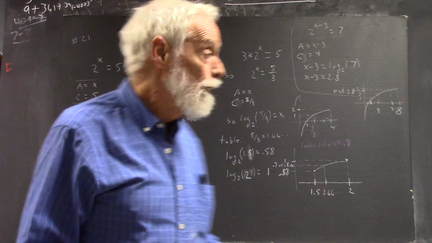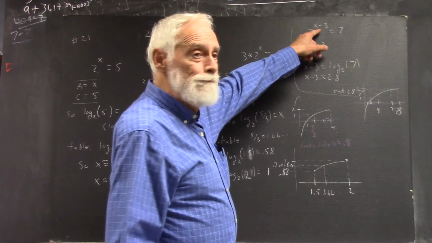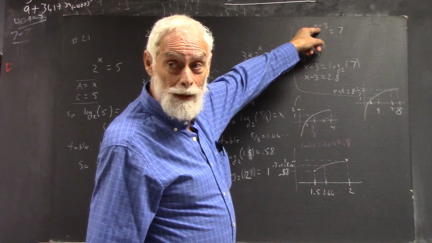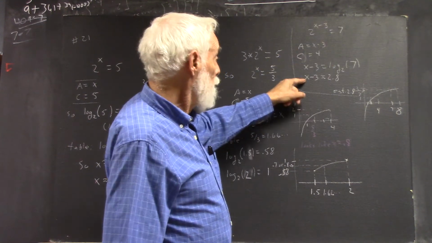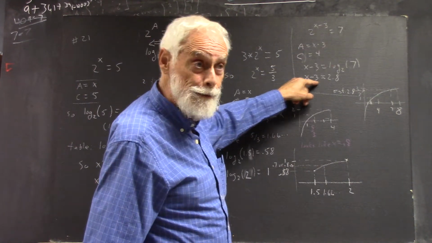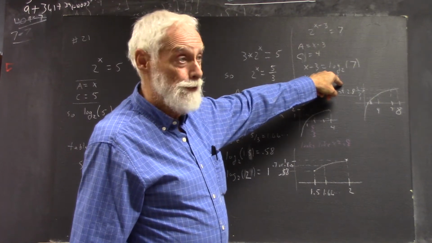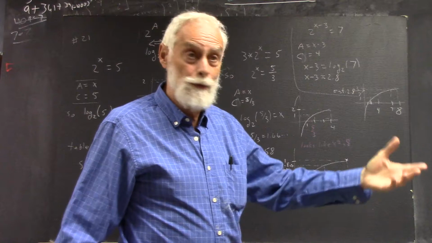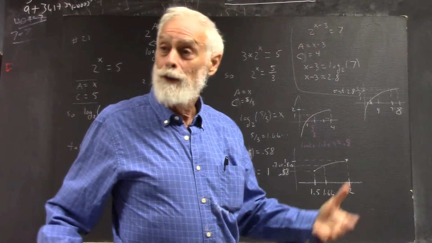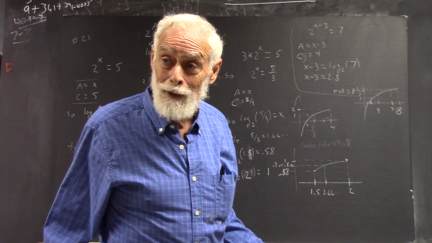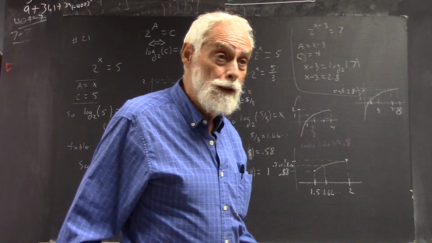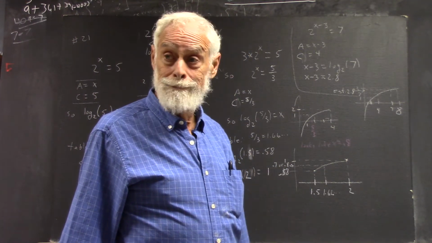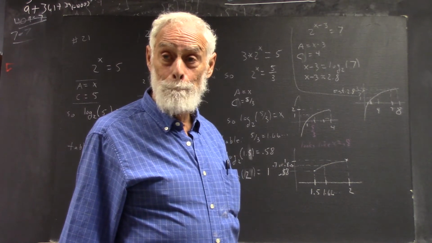Okay? Now, if this exponent had been x squared plus 5x minus 9, what would that have done? Well, you'd have x squared plus 5x minus 9 here equals 2.8. Can you solve that equation? Well, we did last time, just illustrating. If you got x squareds and x's and constant numbers, okay? Then you've got a quadratic equation. You can use a quadratic formula, right? Nothing to it. Okay?